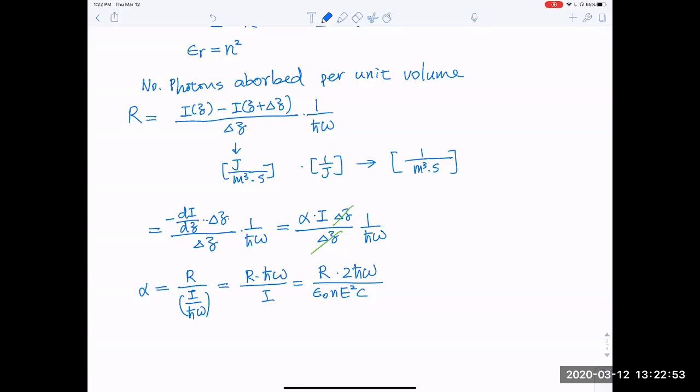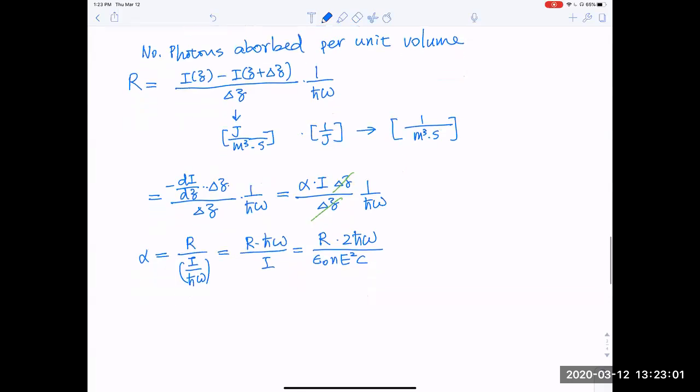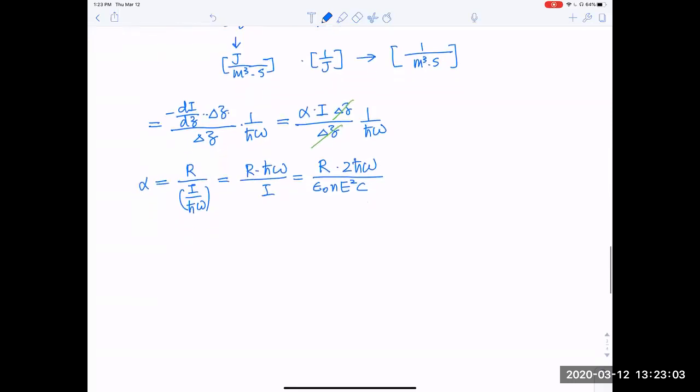So the E square will cancel out the E square dependence in the matrix element. Okay, so this will give us a net material property, the absorption coefficient. So we plug in the expressions from before and simplify the denominator and numerator of the coefficient terms.